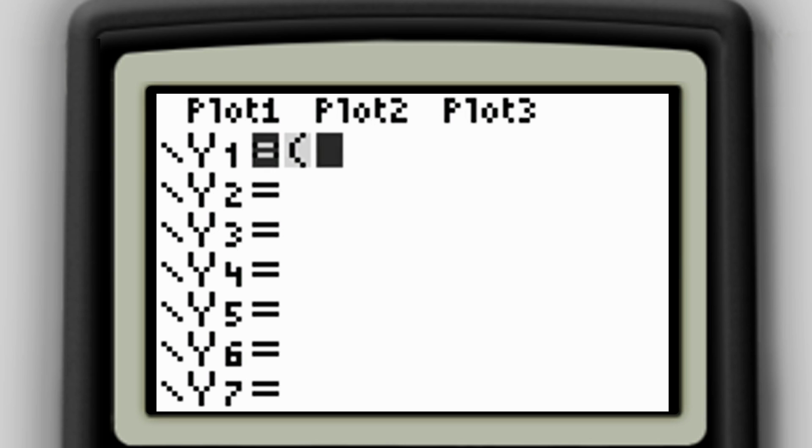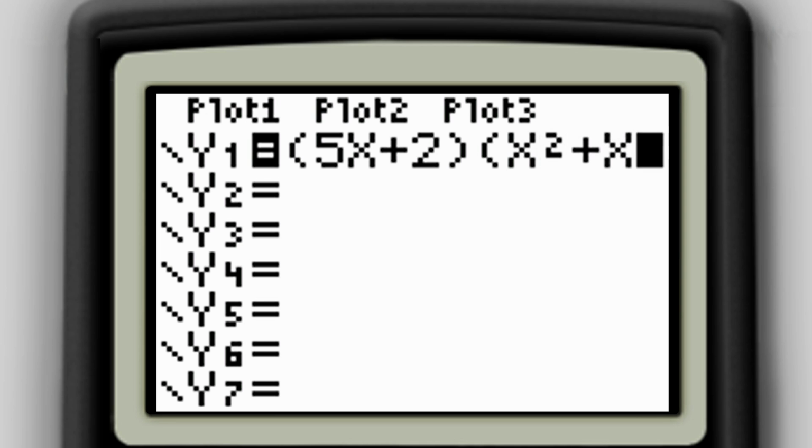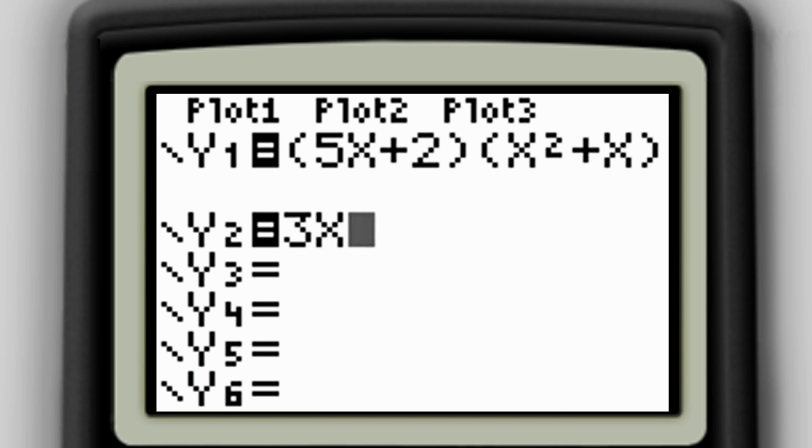So I'll have parentheses 5x plus 2. I'll close my parentheses and then multiply, open another set of parentheses, x squared plus x, and then be sure I close that parentheses. Then I'm going to enter 3x plus 3.